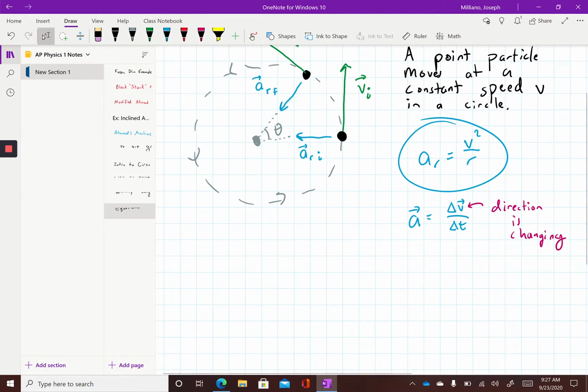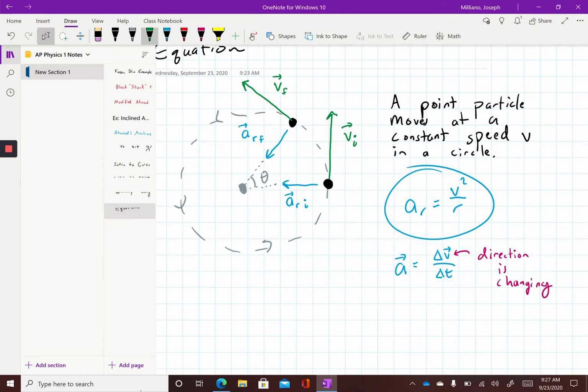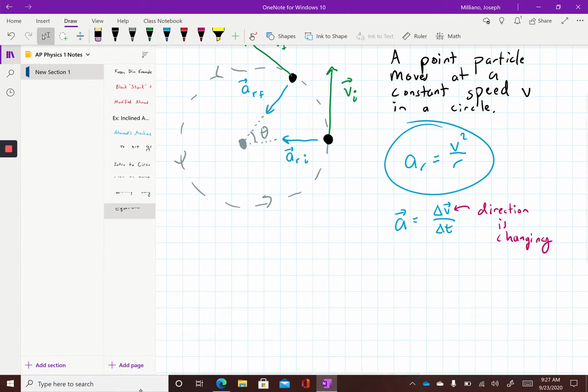So let's go ahead. I want to draw a picture. The picture I want to draw is my initial velocity arrow and my final velocity arrow starting at the same dot. So I'm moving those vectors along. And they have been displaced, so that means that our change in velocity from initial to final looks like this.